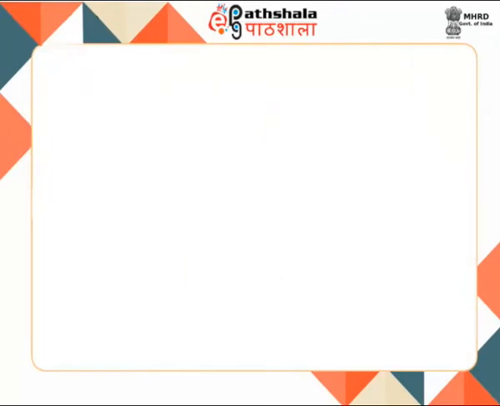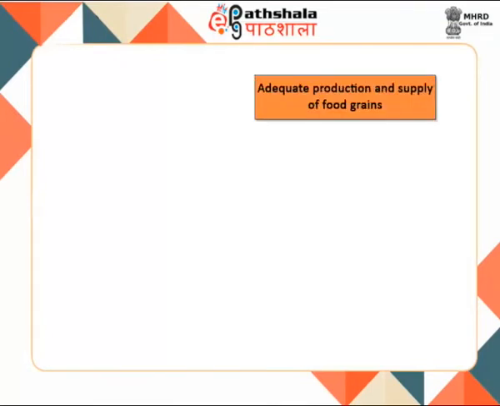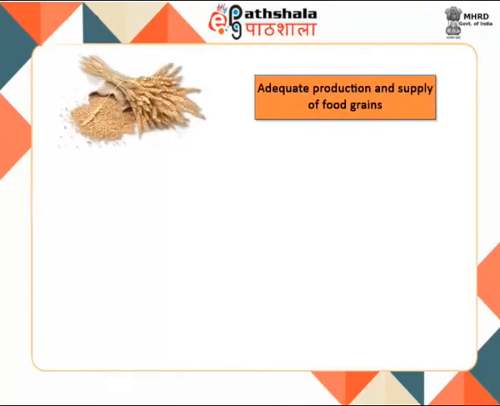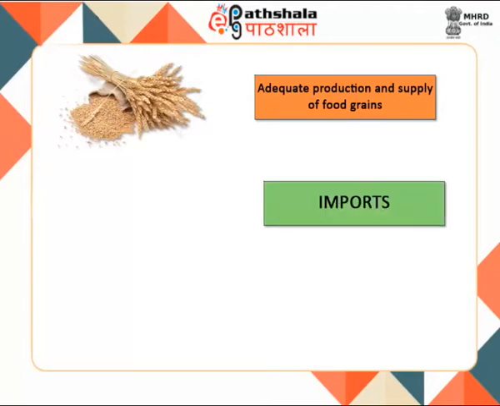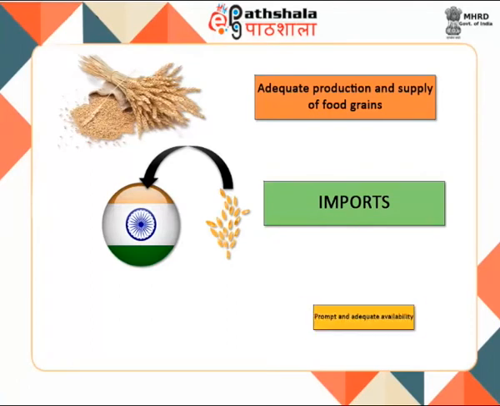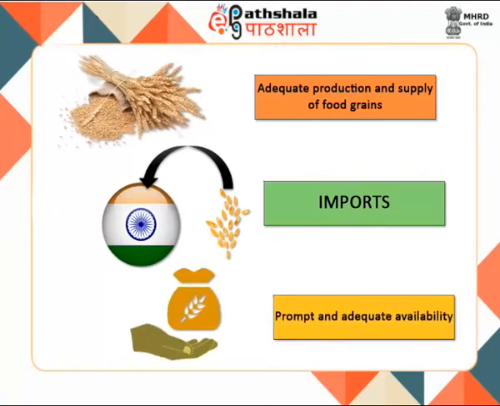Food security comprises sufficient or adequate production and supply of food grains in line with the requirements. Ensuring availability does not imply that all the food grain must be domestically produced. Domestic production can be supplemented with imports so as to ensure prompt and adequate availability.